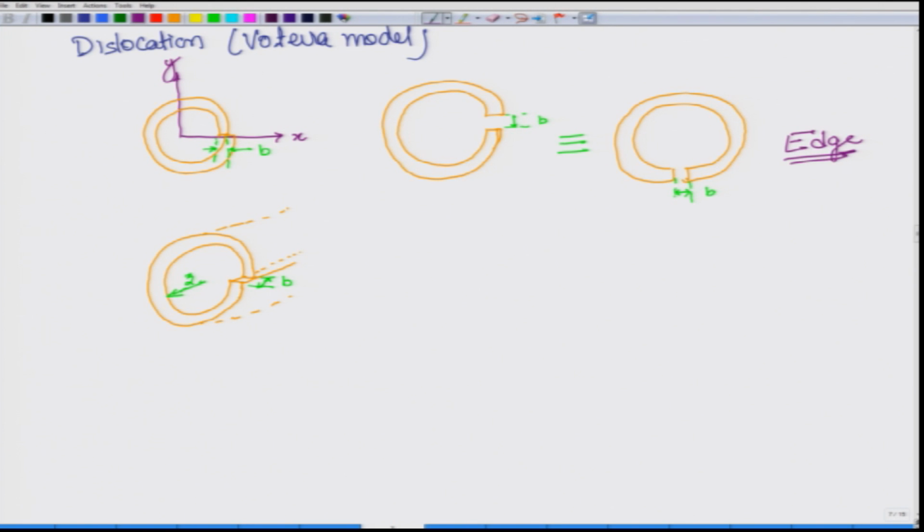We will talk more about these two different kinds of dislocations, but for now let us just say that this is edge dislocation, it does not have any screw component, and this one, as you can realize, has a helical structure. So, this is called a screw dislocation, or this configuration describes a screw dislocation.